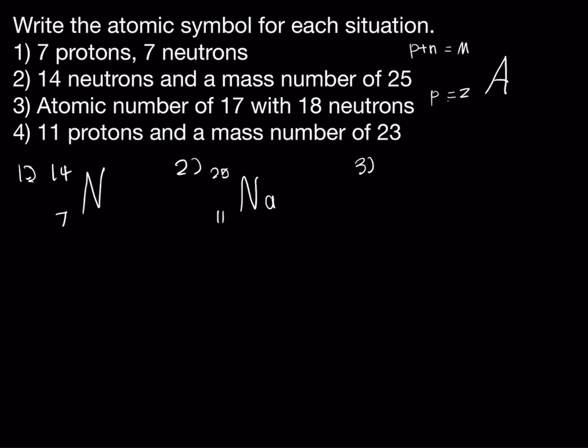The next example says the atomic number of 17 with 18 neutrons. The atomic number is equal to the number of protons, and the atomic number is what we put on the bottom. So we're going to write 17.